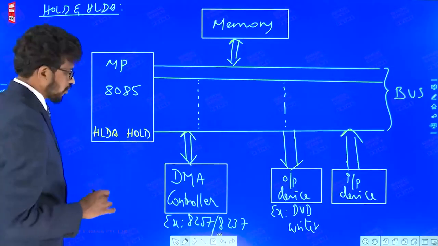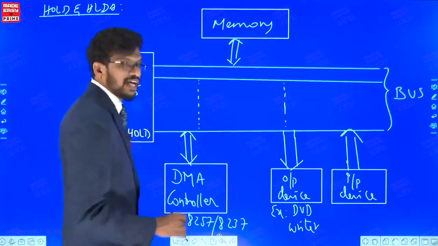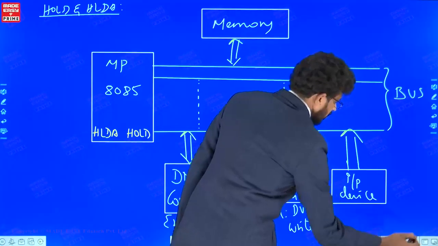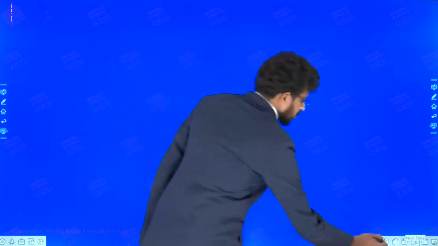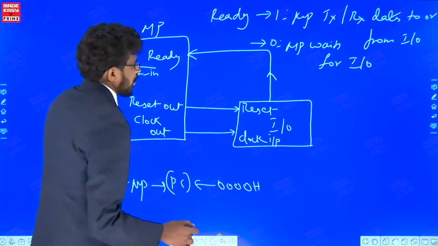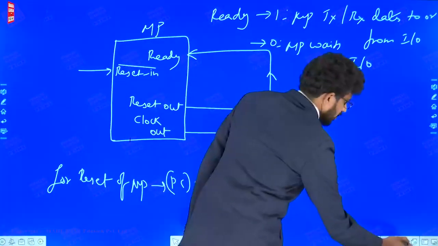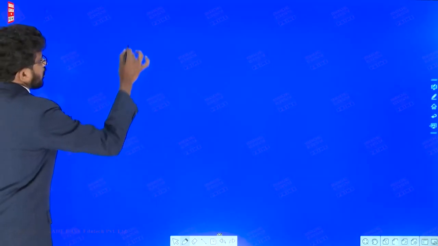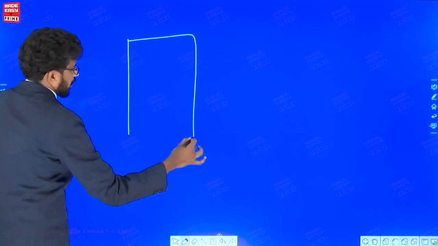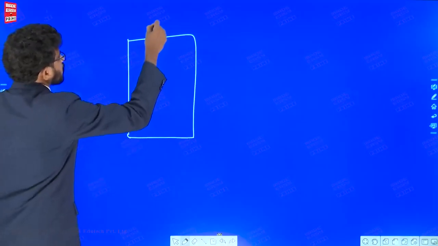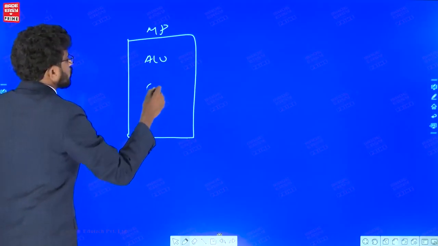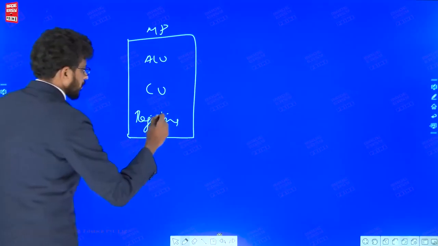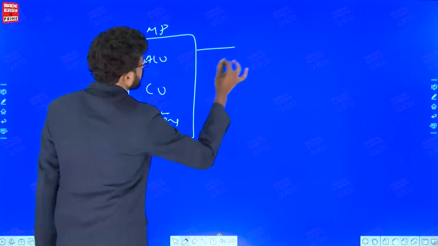Okay, these are IC numbers. So what is the difference between a processor and a controller? I am just coming to the very basics again. You know that the microprocessor contains ALU, CU and registers, and memory is outside the processor.